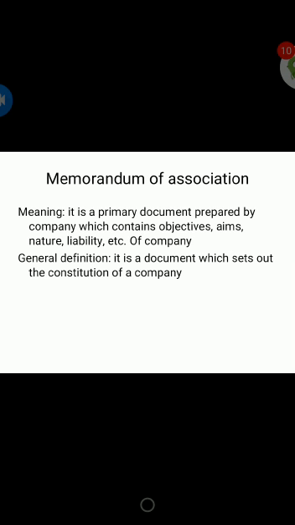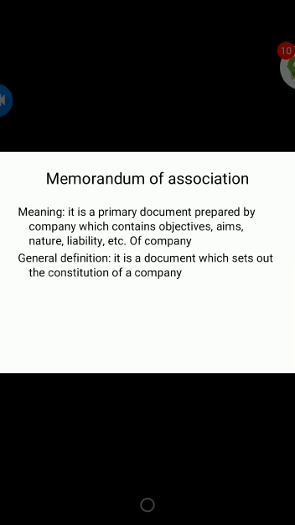The general definition says that it is a document which sets out the constitution of the company. Why is it said to be the constitution of the company? It is a foundation upon which the structure of the company is made.